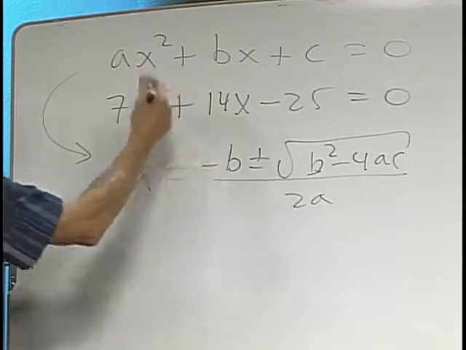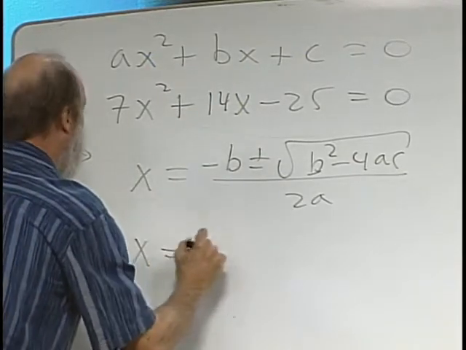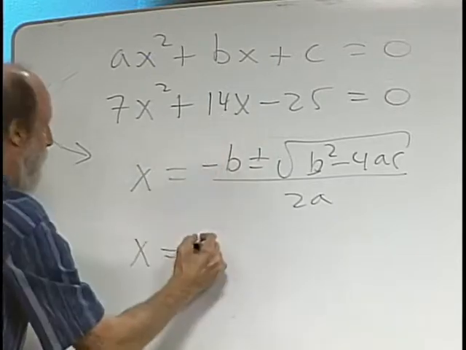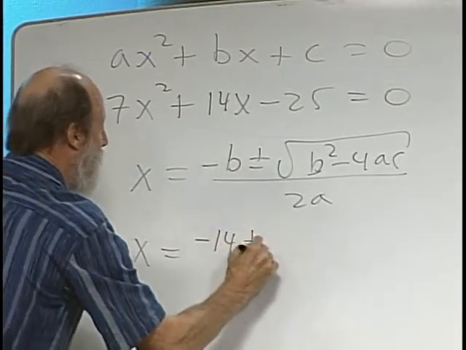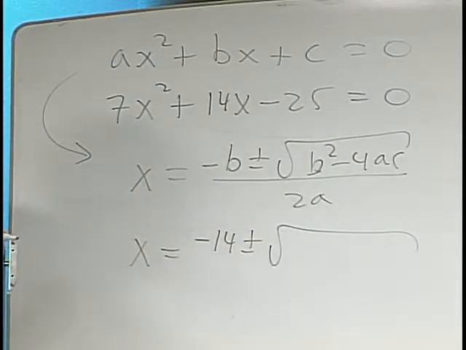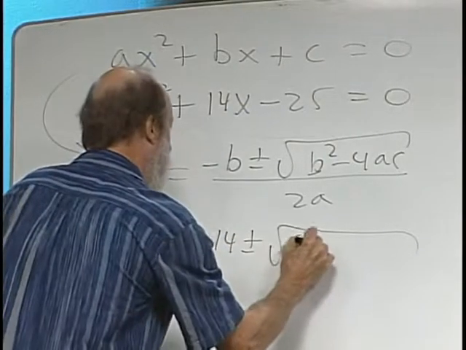And so you drop in the various numbers. So the opposite of the linear term's coefficient is negative 14, plus or minus the square root of 14 squared is 196? 196? How did I know that?